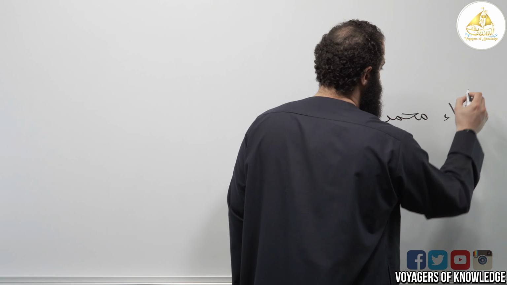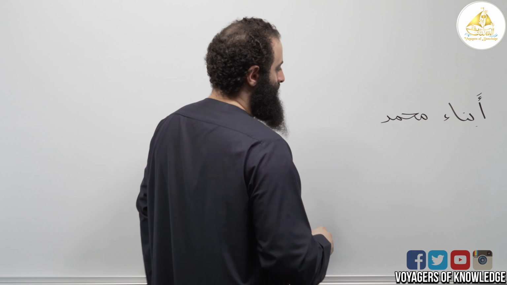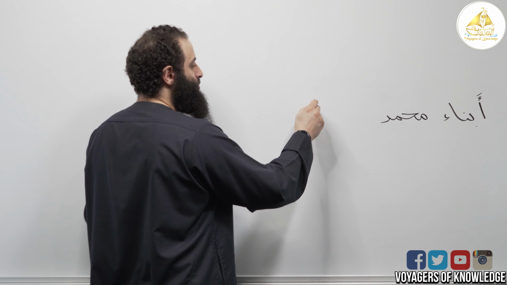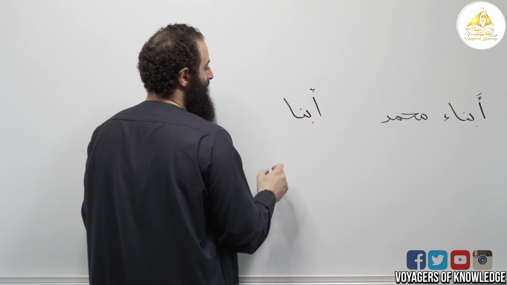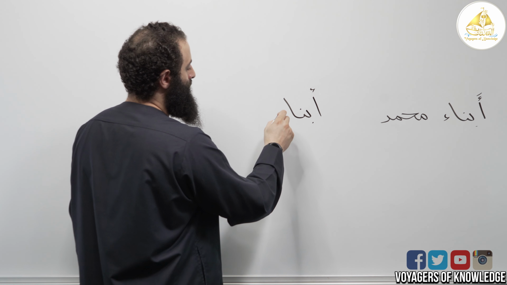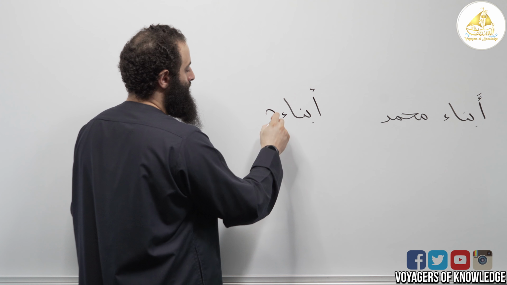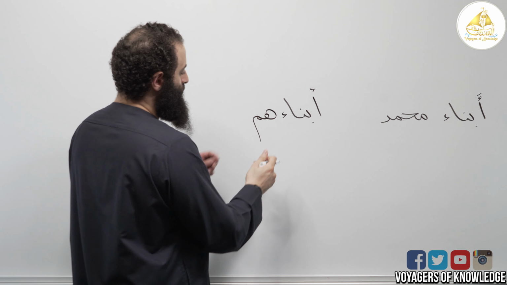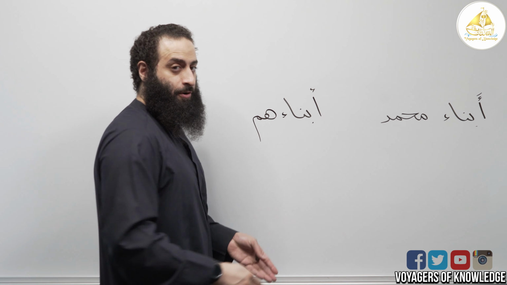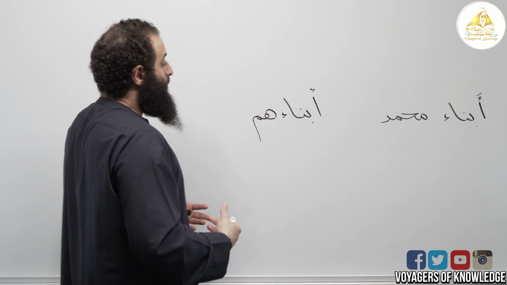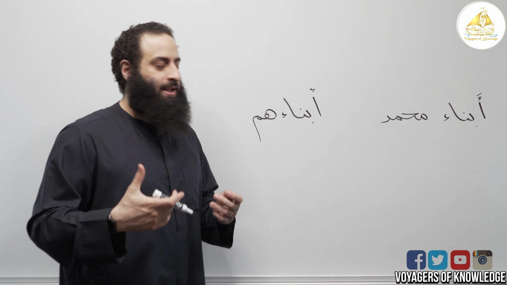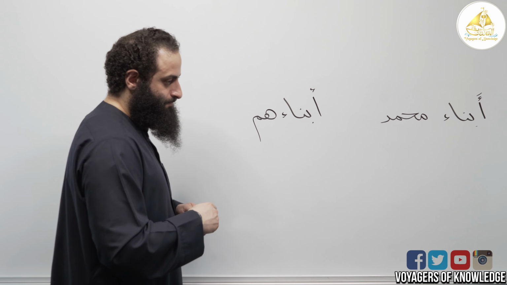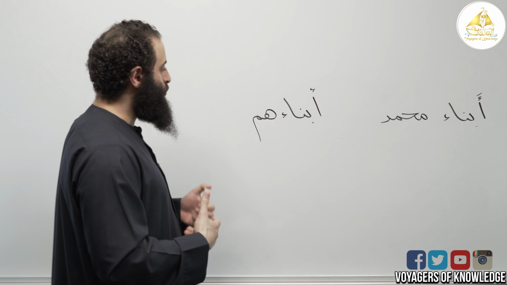Oh, actually, this has a hamza. Abna'u Muhammadin, right? So what happens when you add abna'uhum? What happens when you add this dhamir to the word? The unique thing about hamza is that it has a special dictation rule.